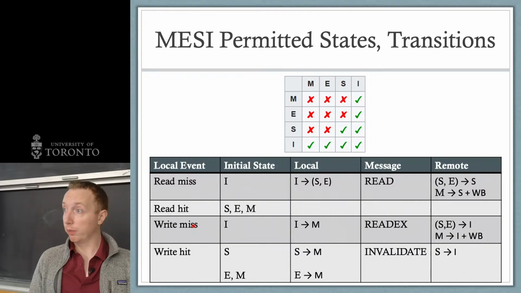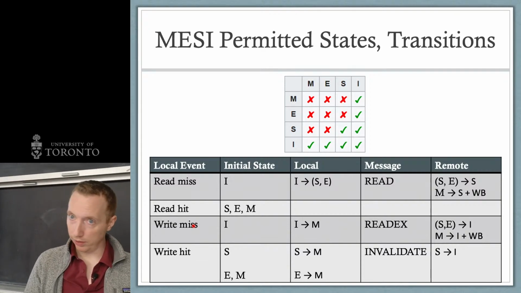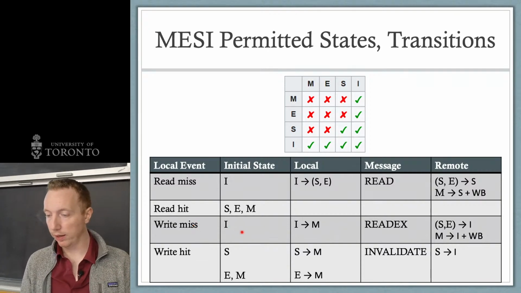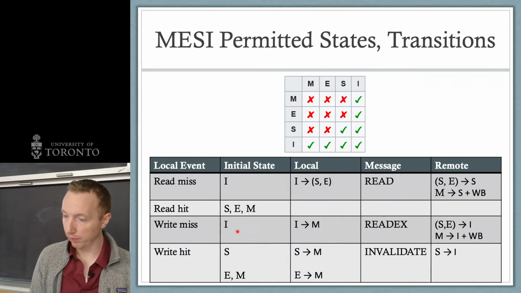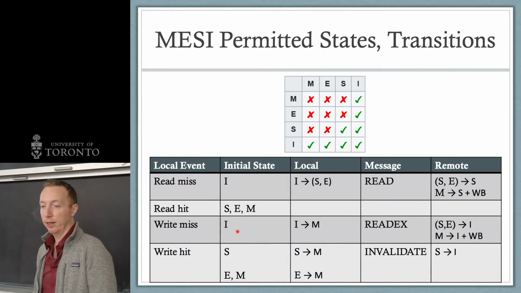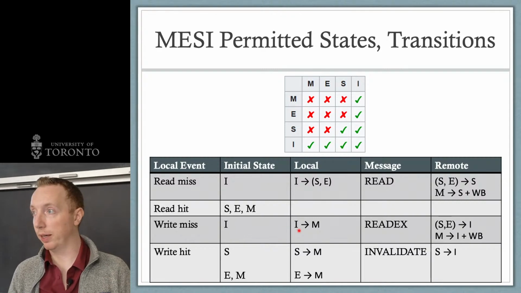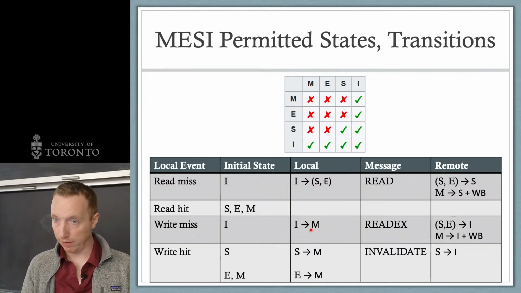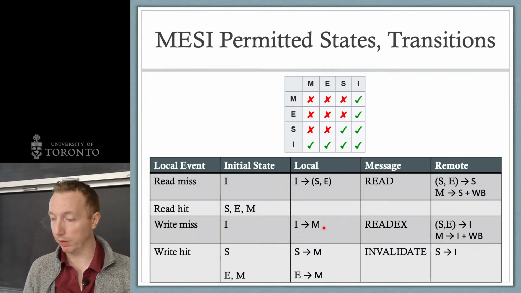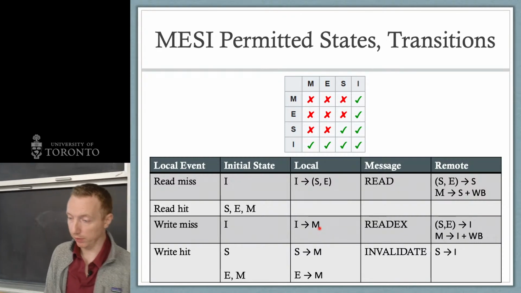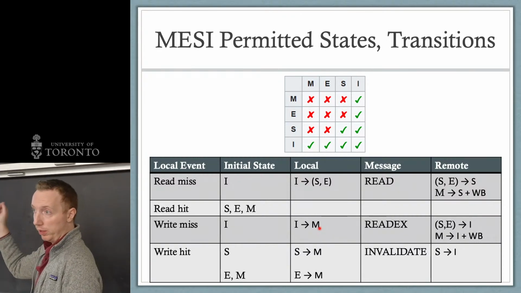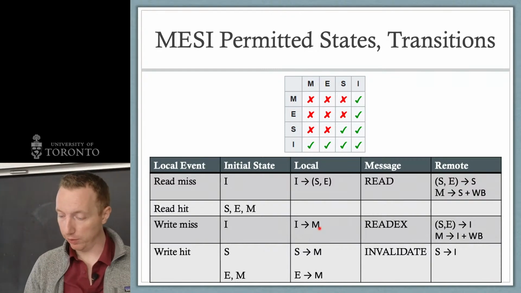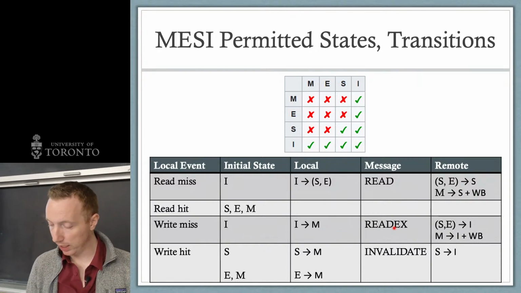If you are writing, there are two situations, either a miss or a hit. If you have a miss, you are in the invalid state, so you're going to have to update it to modified. You're going to have the only copy of this, only on your core, the only up-to-date value of it in your cache.